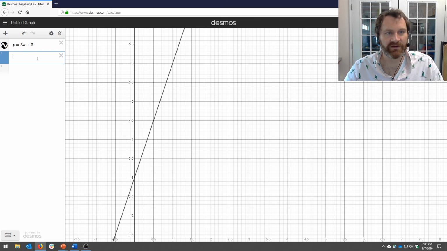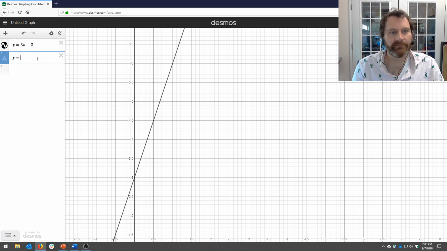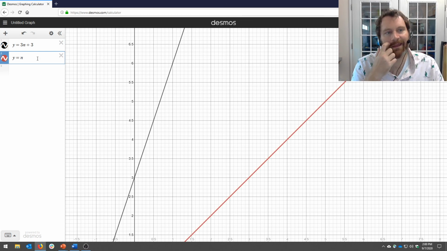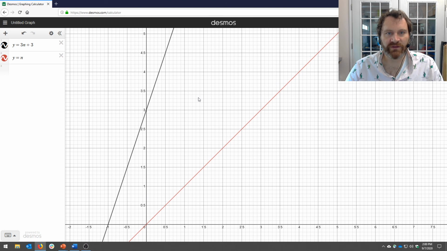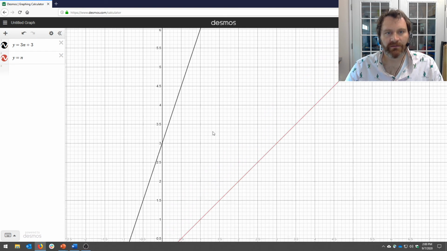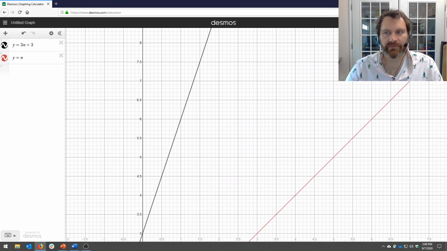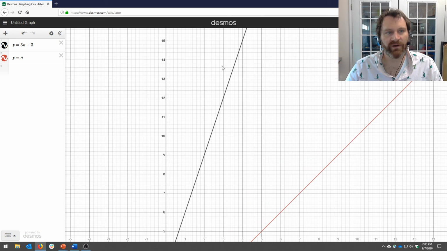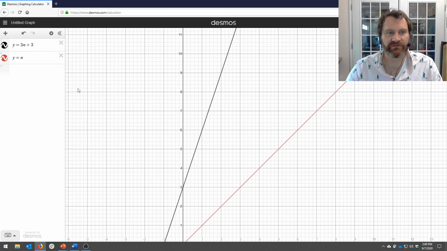So the question is, is my black line, my first algorithm, also big O of n? That implies we can find a multiplier for right here that will put this red line above the black line forever. Let's see if we can find that.